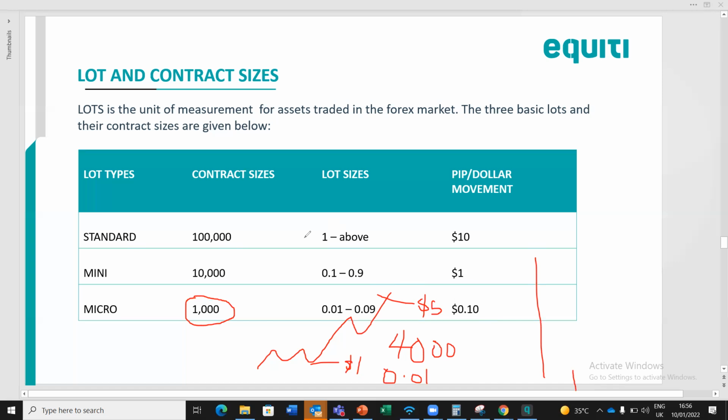For every price movement where I'm making $4,000, this person is making four times 100,000. Of course, that is $400,000.